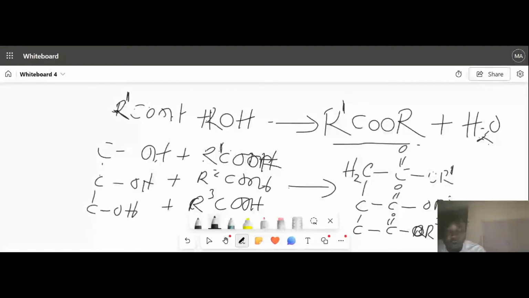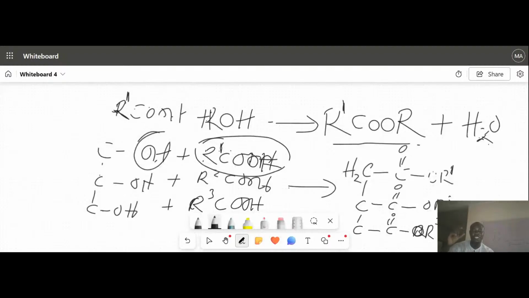So if it's only one fatty acid that esterifies one OH group, it is called monoacylglycerol. But if it is two, the first fatty acid R1 here and the second fatty acid R2, if they are the ones that joined together, it means that there are two fatty acids.